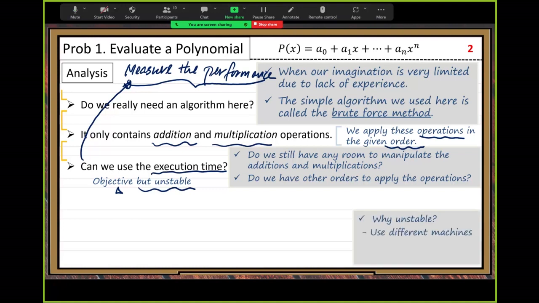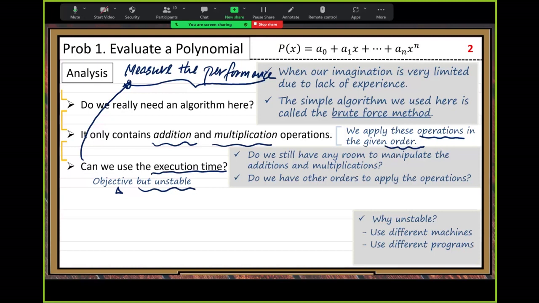So here, that is the hardware part. Actually, there is another possibility for the software part. The execution time is also unstable there, because different programmers implement the same algorithms in different ways, right?